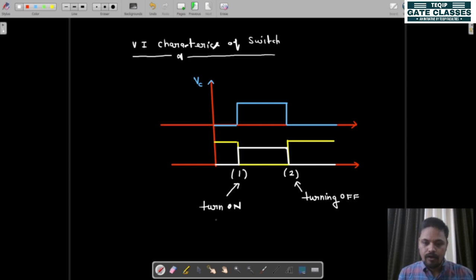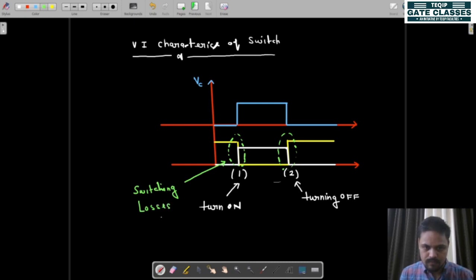If you see, ideal turn on time is 0, and turn off time is also 0, and second thing, the power loss at the switching positions is equal to 0.